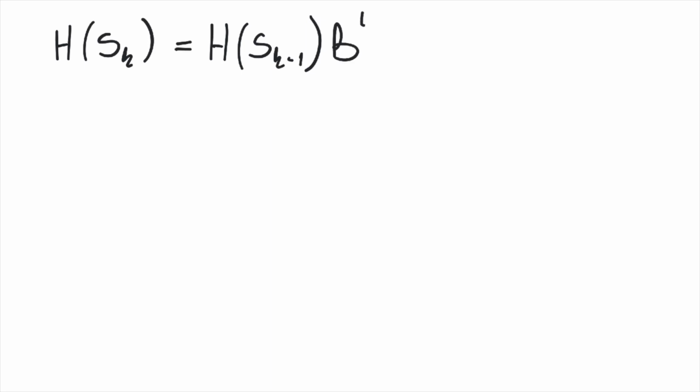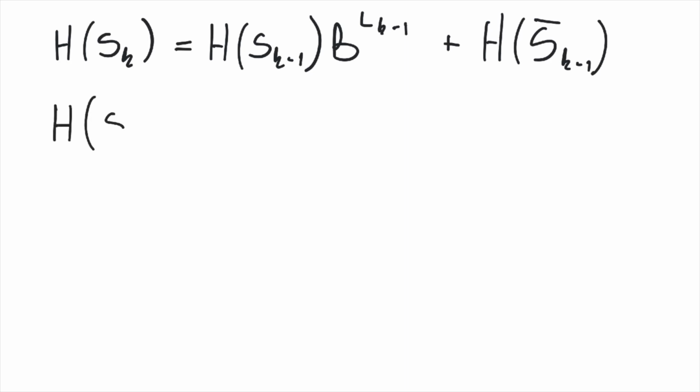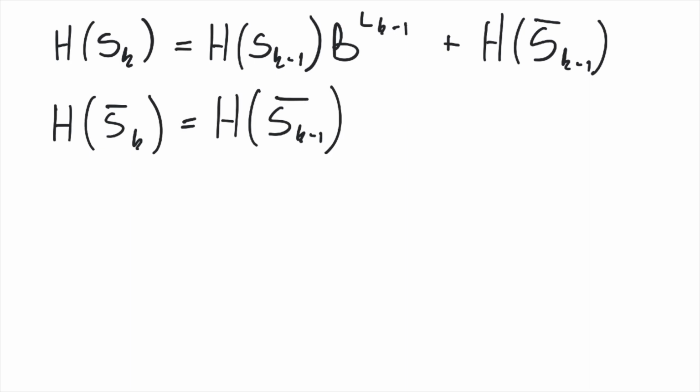So let us now compute the hash of s_k. With our hashing function, we have that this is the hash for s_{k-1} times the base to the length k-1 plus the hash of the string s̄_{k-1}. The same is almost true for the hash of the complement. This is the hash of the first part when you complement times the base to the length of the string k-1 plus the hash of the string s_{k-1}.